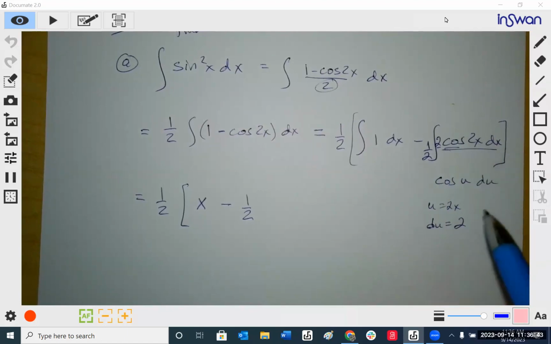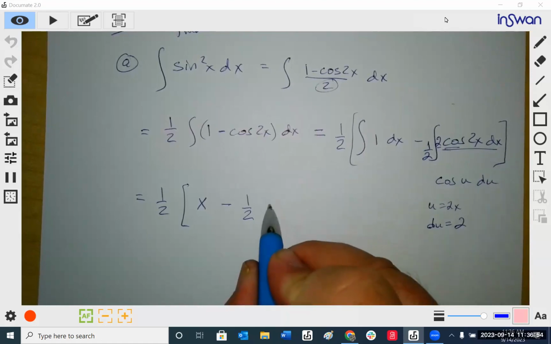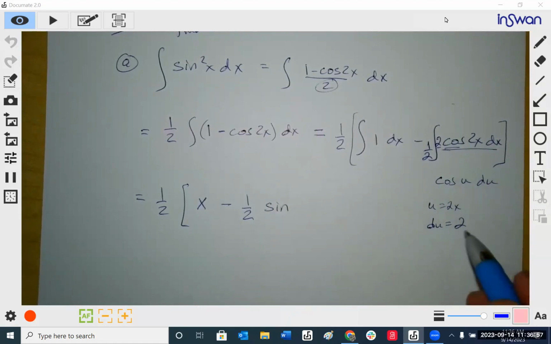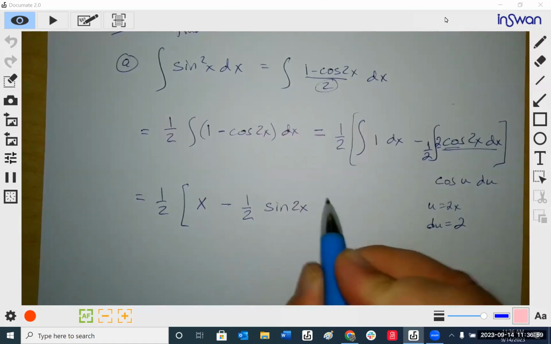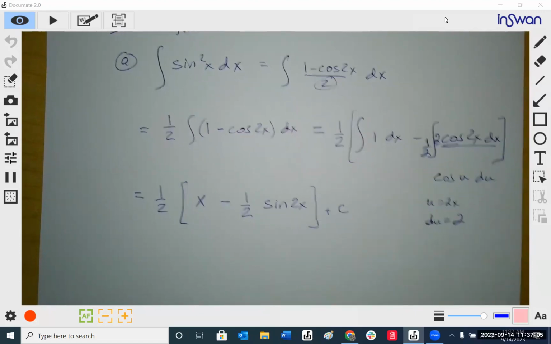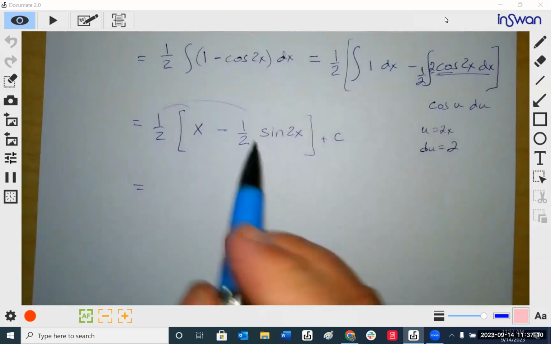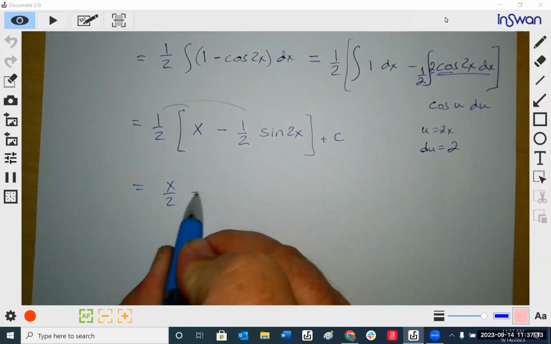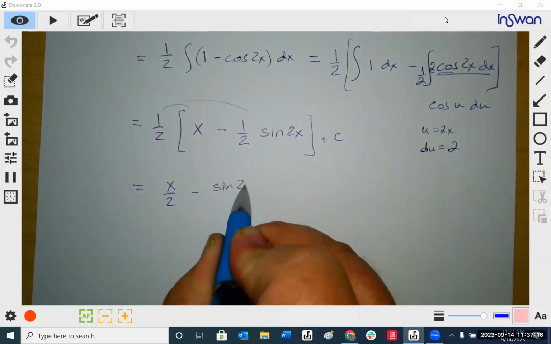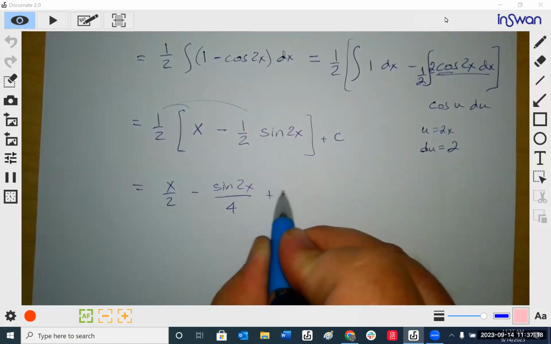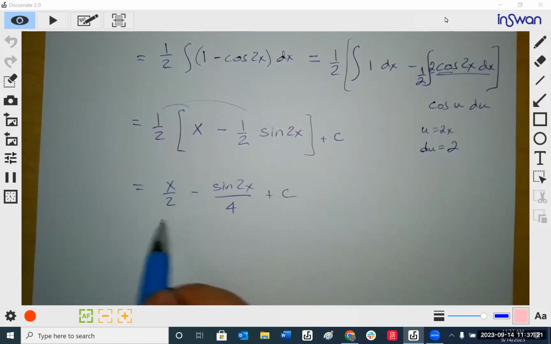The integral of cosine u is sine u. And u is 2x. I'm going to distribute that through there. So we have x over 2 minus sine 2x over 4 plus c. And there's your answer.